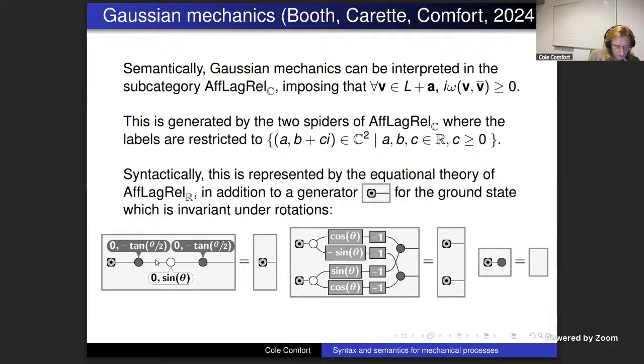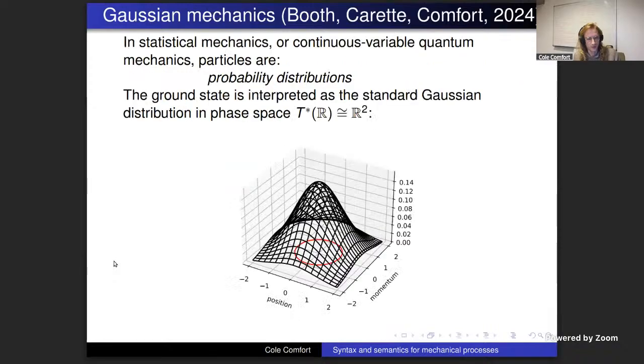So the first equation is like saying you take a rotation and you decompose it into 3 shears. The idea is if you act on the ground state by this rotation, you're rotating this thing around and it does nothing because it's completely symmetric.